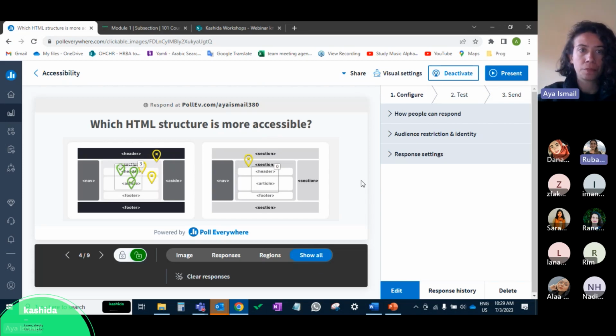It might even have read the header and then the header inside the content, and not given the orientation of the space. Like, what section am I looking at right now? Yeah, it's exactly that, Ranim. There's a default way for screen readers to navigate through the content within a space on the screen, but we can also control it and say, okay, don't read this part or don't include this part.